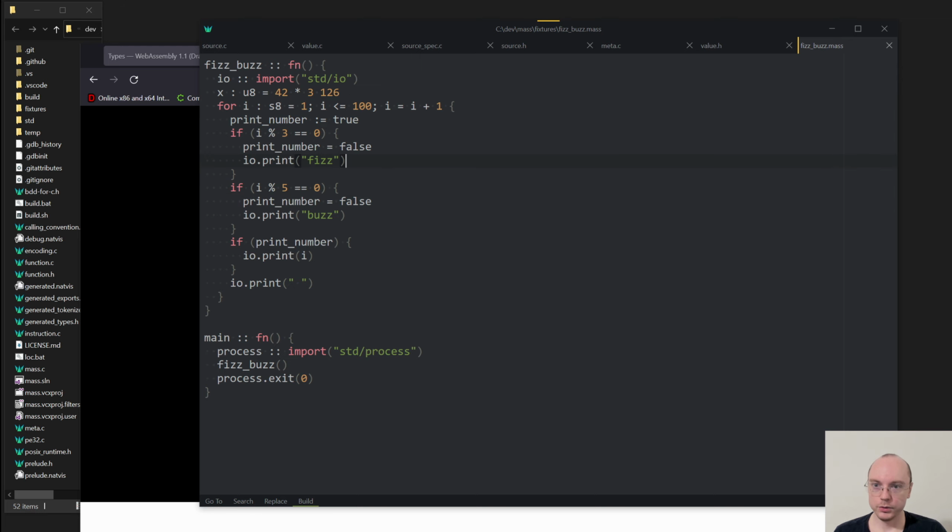If I can do my math correctly. And 126 is perfectly assignable to S8. It is even assignable to S8 and to U8, doesn't matter. So this is a perfectly valid assignment when you just know that this value is statically known. So yeah, that is basically the plan.